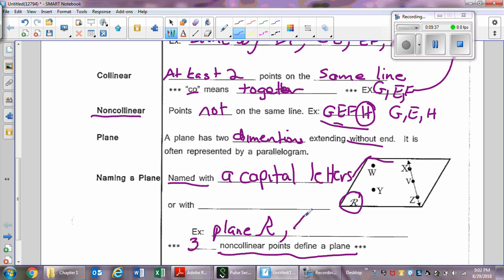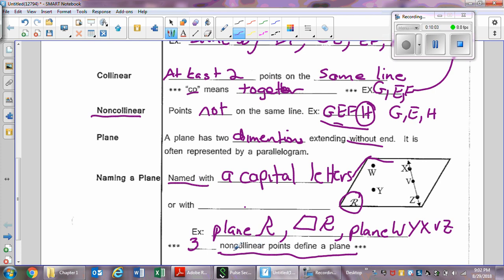Or we can put the picture next to it and name it as R. Or I can just say, oh, this is plane W, Y, X. If you wanted to continue adding V, Z, you can. But as long as you have the 3 letters, it represents the plane. So just remember, it needs to be non-collinear points.